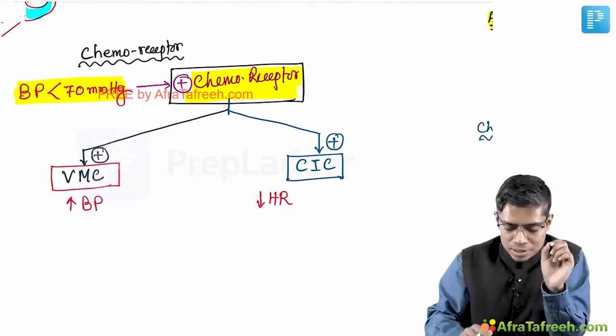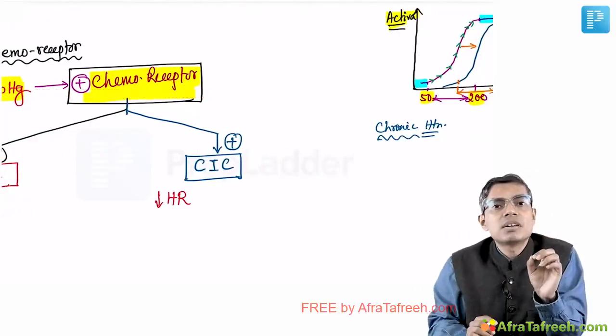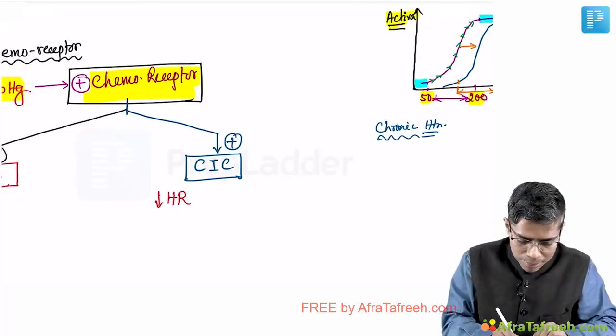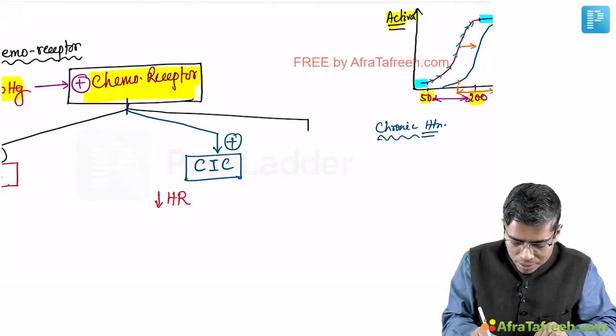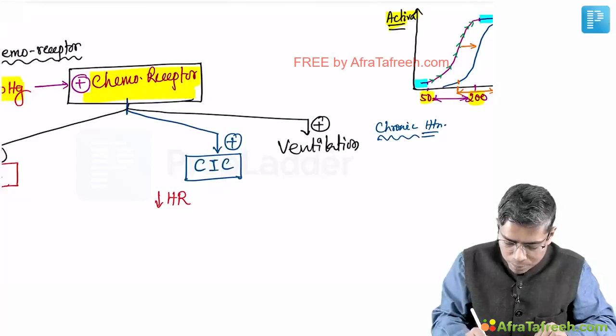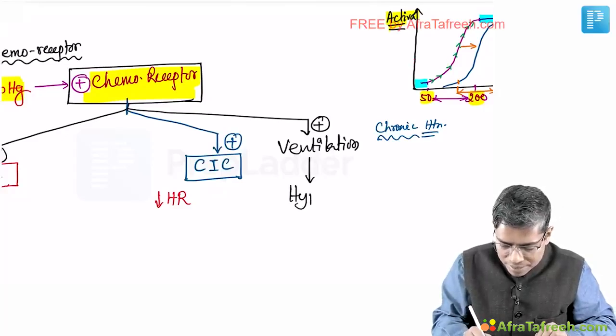What is the main effect of chemoreceptor? The main effect of chemoreceptor stimulation is stimulation of ventilation, stimulation of your respiratory center. Getting my point? So the patient will start hyperventilating.